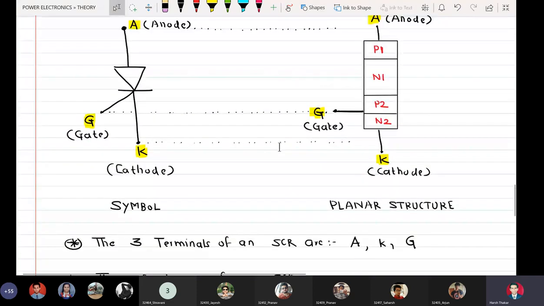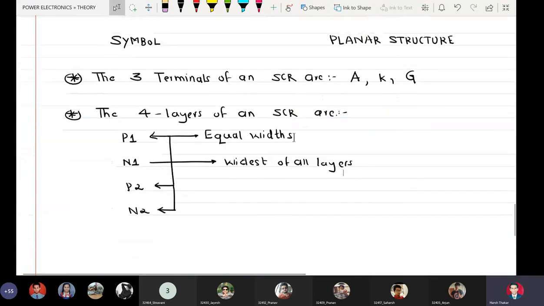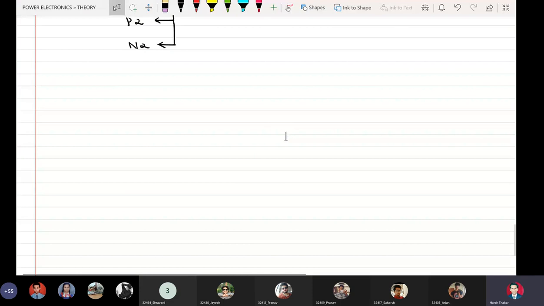Now we come to what is called the doping profile of an SCR, that is the doping concentration in units of atoms per cc in the planar structure. So what we do is we have to rotate the device.